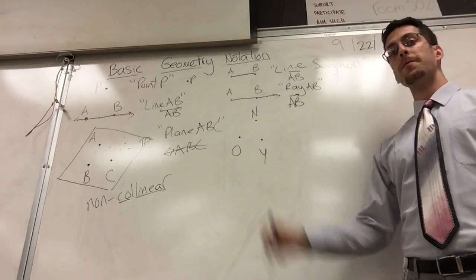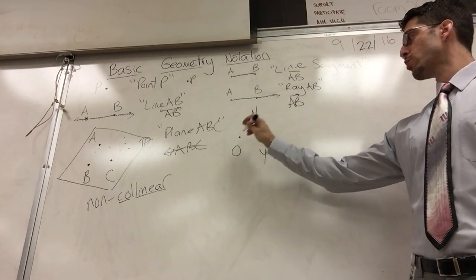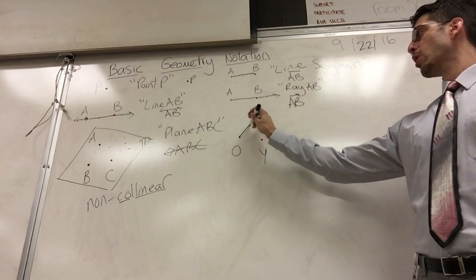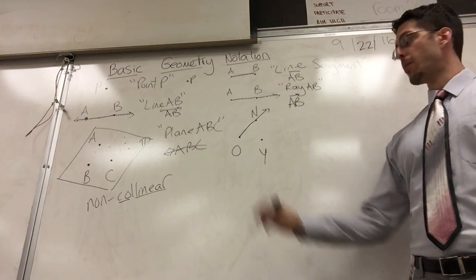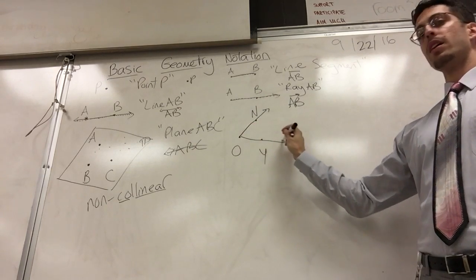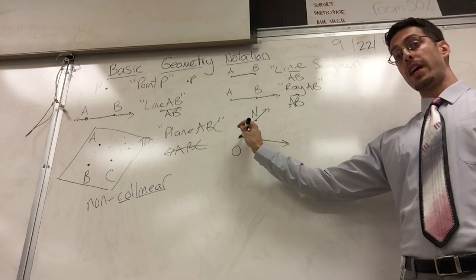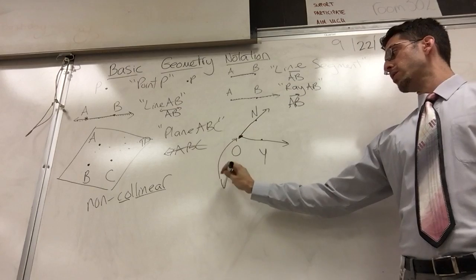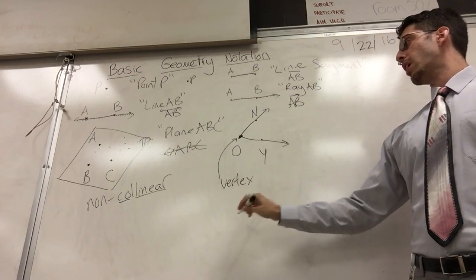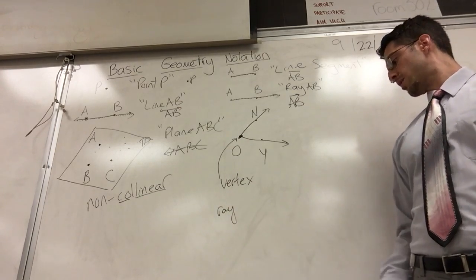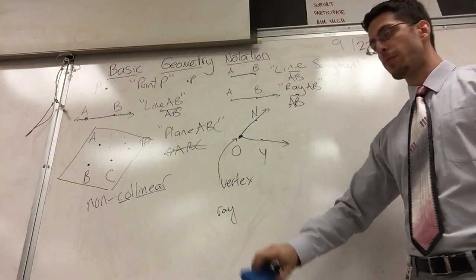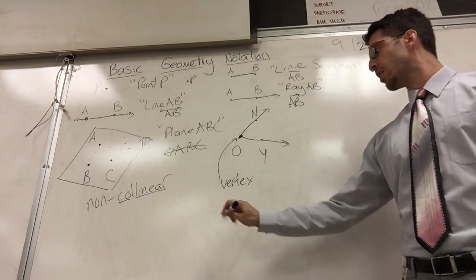Finally, we got N, O, Y. I'm going to draw ray ON. I'm going to draw ray OY. They share a common vertex. Ray, I don't want to write it in English. I'm going to write it in math because you learned something.